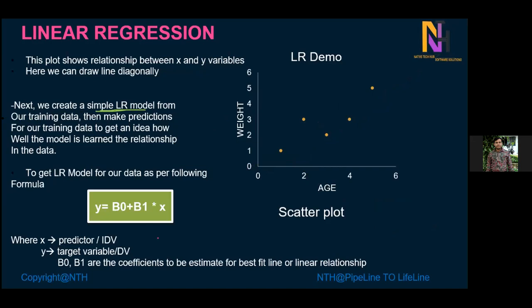So our training data should be learned by the model, and then it is going to make predictions according to your application, isn't it? To get an idea of how well this model has learned, it is based on the relationship that lies in the given data, to get a machine learning linear regression model for our data set, isn't it?